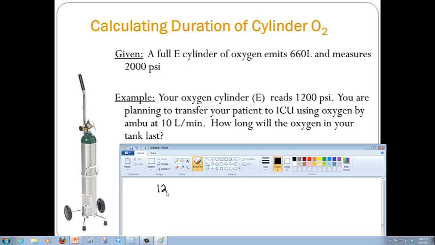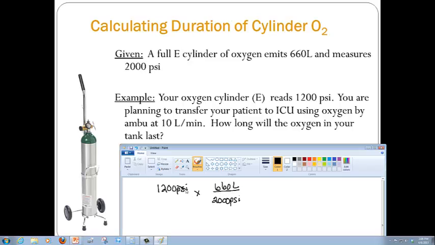How do we do this? Well, we start out by putting in our 1,200 pounds per square inch pressure, and then we're going to put in the conversion factor. We know that a full E-cylinder will read 2,000 pounds per square inch and will contain 660 liters.